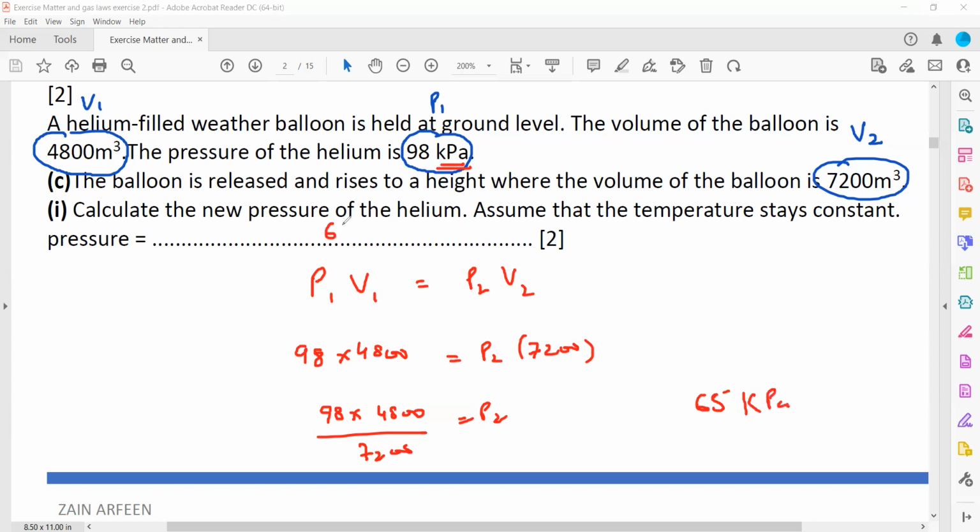So here the answer is 65 kilopascal. Or you can also solve this question by converting kilopascal into pascal, so it will be 98,000 pascal. If you're writing in pascal, the final answer should be in pascal. If you're using kilopascal, the final answer is in kilopascal.